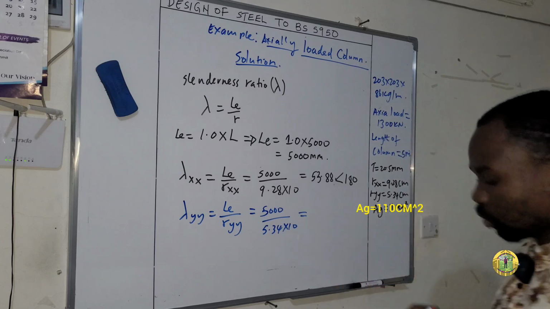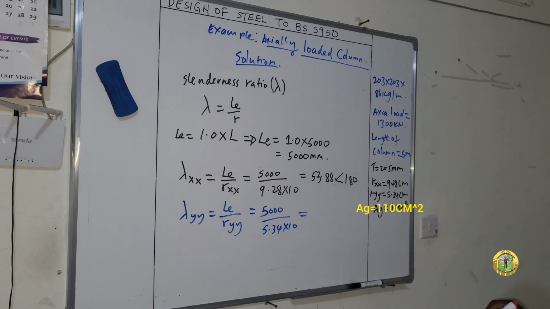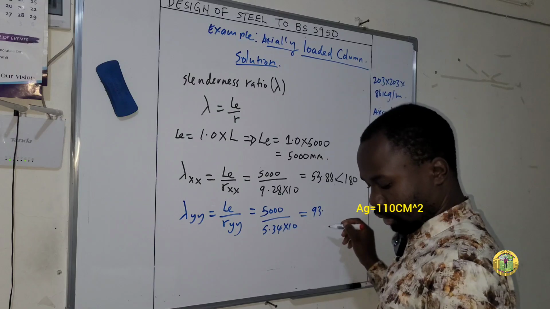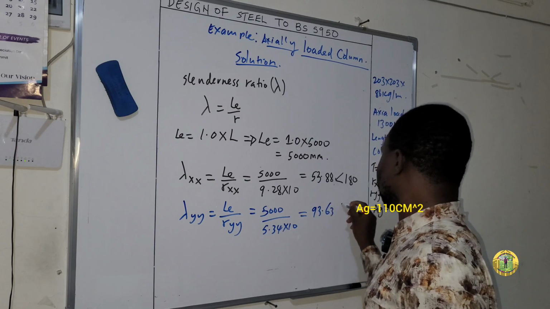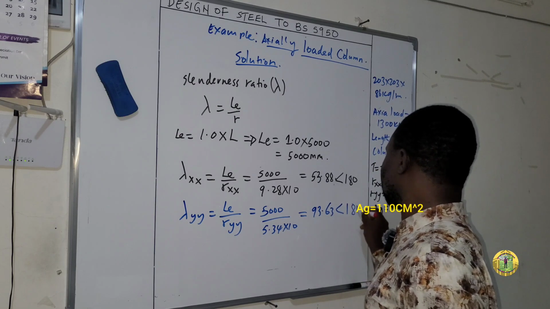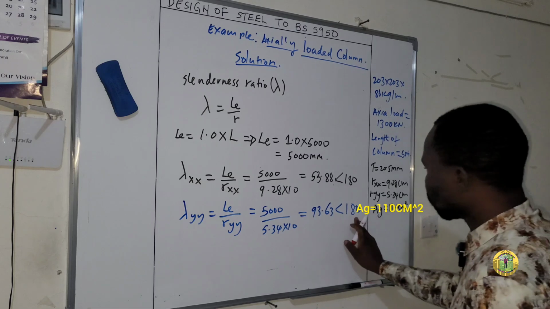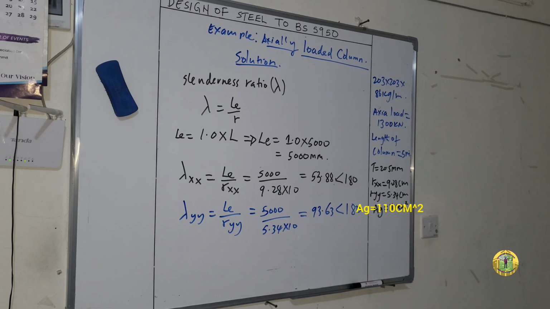So this one is equal to 93.63, which is less than 180. Therefore, the slenderness ratio for YY and XX is less than 180. So it is okay to design such a column for a dead load and imposed load.